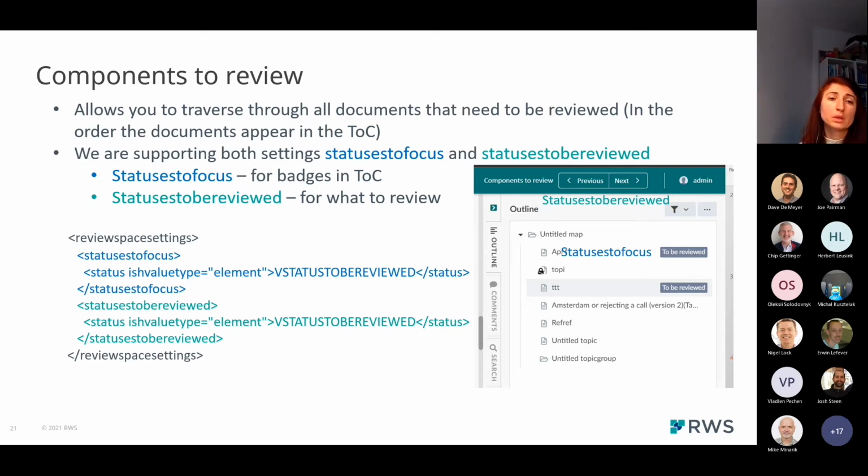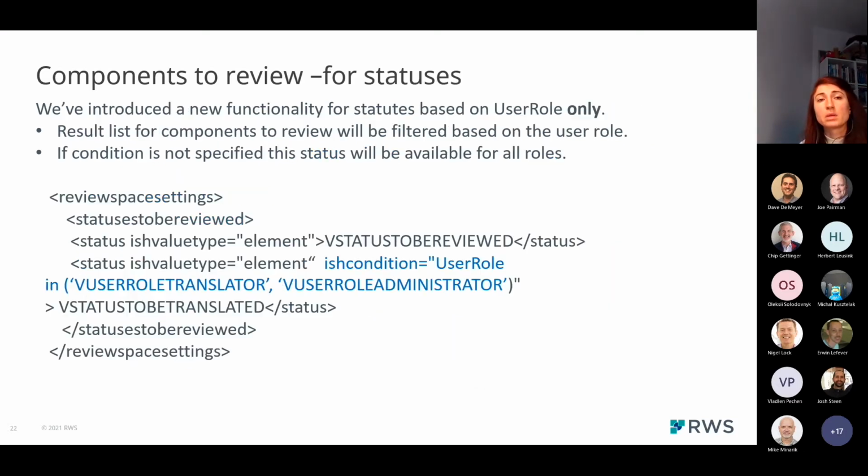Here there are some more details on how to provide those settings and give certain statuses to the pages on this slide, and a little bit more about components, how to focus. It's basically the functionality for statuses based on the user roles.